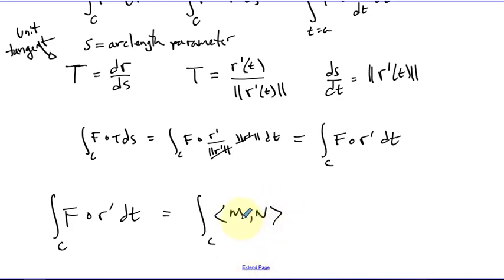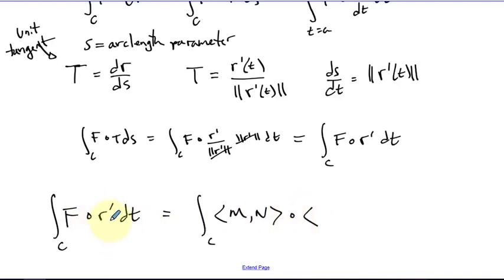So M could be some function of x and y, and N could be some function of x and y. I could put extra parentheses, but it gets really cluttered to do that. So realize that M is not a constant. It's a formula with x's and y's, and so is N, and it could be anything.